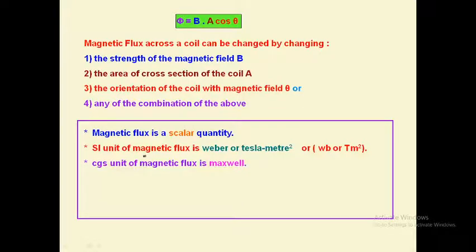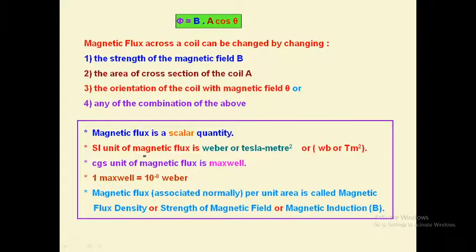CGS unit is Maxwell. 1 Maxwell stands for 10 to the power minus 8 Weber. And this magnetic flux per unit area is called magnetic flux density or strength of magnetic field or magnetic induction, which is simply represented by B.